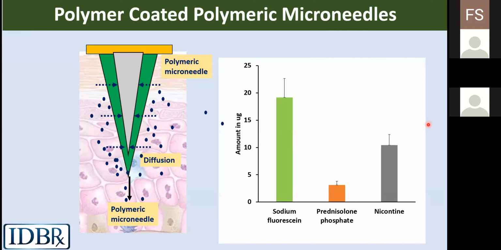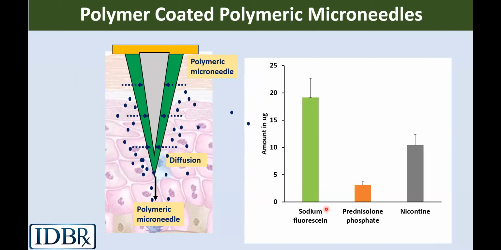So we tried some model molecules. All these are proof of concept data. We used sodium fluorescein, prednisolone and nicotine, and then we tried to sample. All these drugs were previously loaded into the tissue or into the substrate, and then we applied these microneedles, and then we removed the microneedle after a certain period of time and looked at how much drug had come with the microneedle.